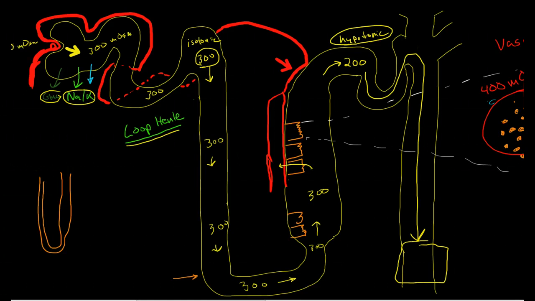So as the filtrate passes these cells, the osmolarity is going to drop in here. It may even get as low as 150. And at the same time, because the sodium is being pumped into the vasa recta, the osmolarity inside the vasa recta is going to increase from 300 to 400 or so, right?